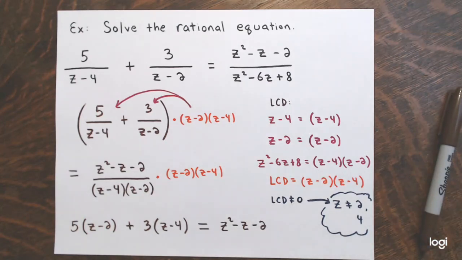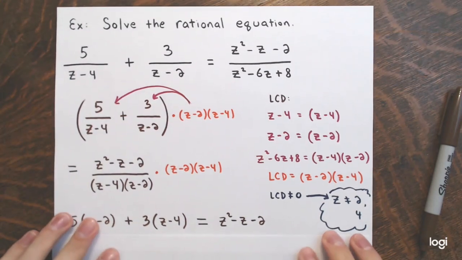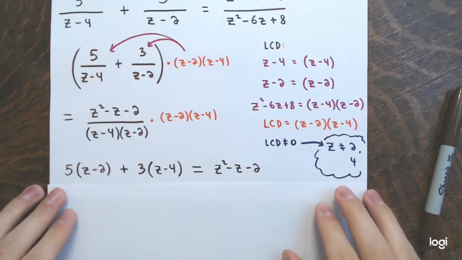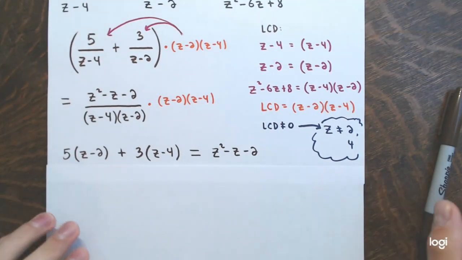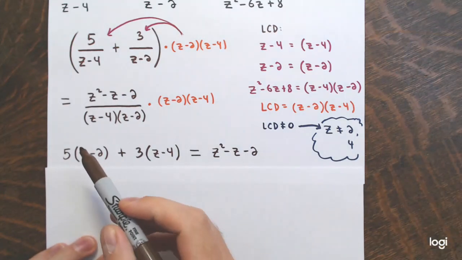Well, remember, when you were solving a polynomial equation of degree 2 or higher, a good starting step was to get everything to one side, 0 on the other, and put it in what's called standard form. So let's simplify these sides first.